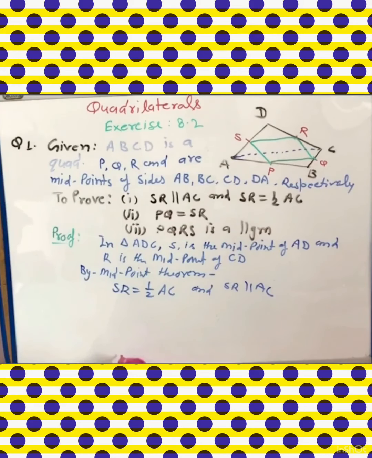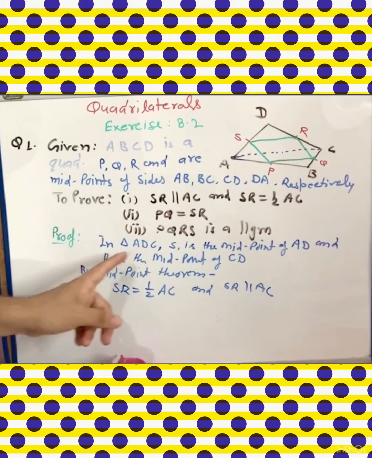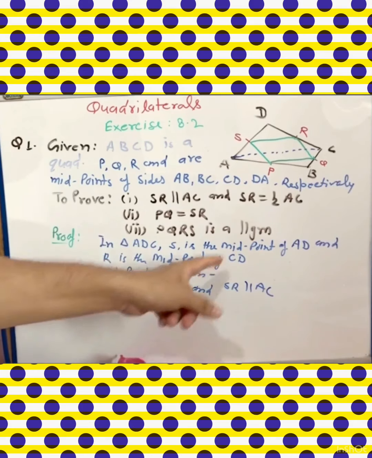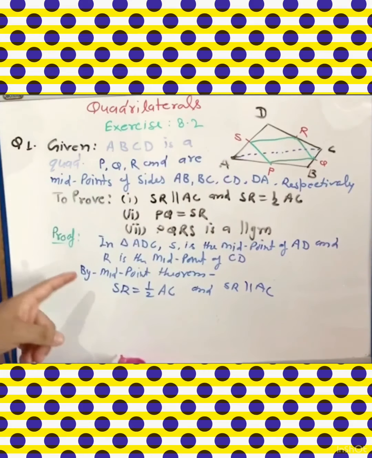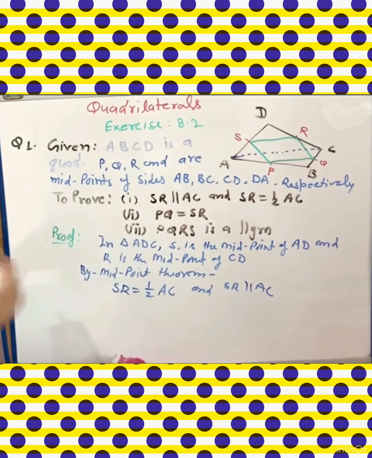You have to prove this without any calculation, using the midpoint theorem. It is necessary to show that S and R are the midpoints of the sides, and then you write here by midpoint theorem. This is also an important step, to write the midpoint theorem.